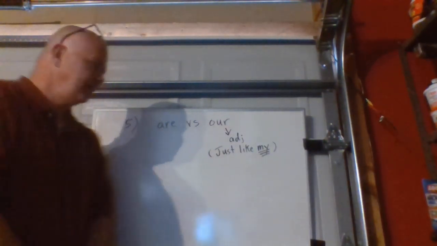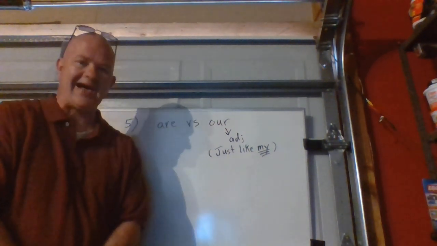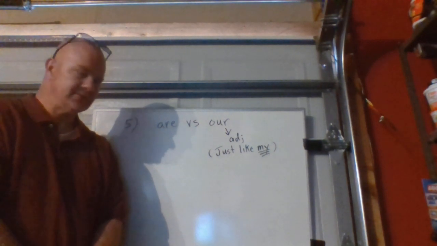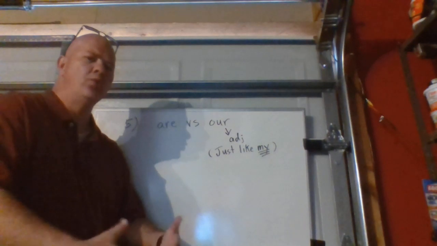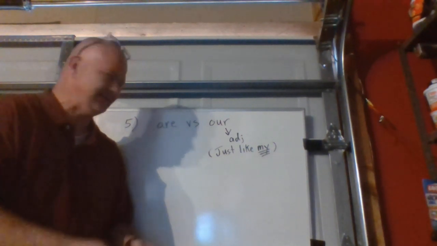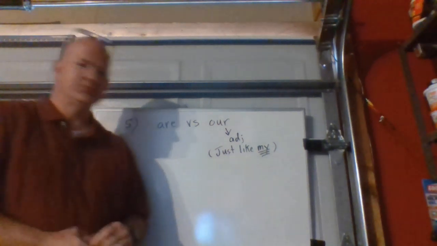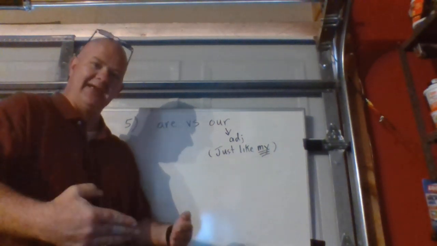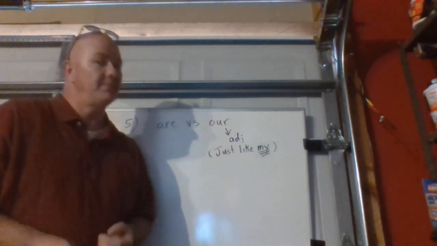Number 5, technically these are not homophones, but we have our versus are. I'm going to talk about OUR for a moment. We are talking about possession here, or owning something or a thought or an idea. It is just like the word my. So if I said our dog is big, I could replace that by saying my dog is big, and that makes perfect sense.